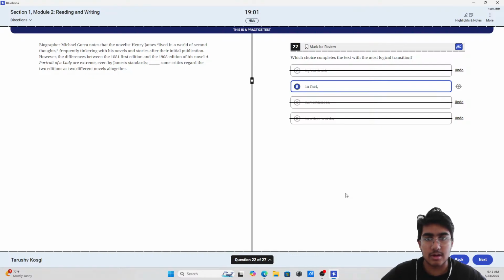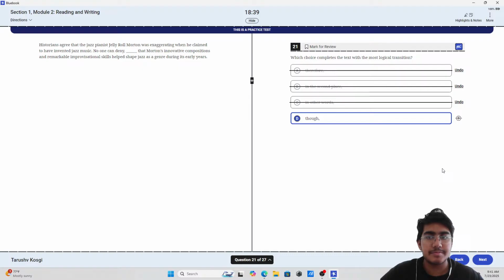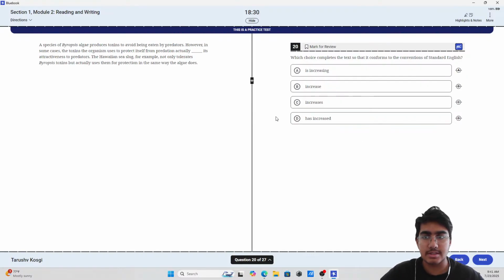It's saying it's unrelated, like different from this clause right here, but it's actually saying the same thing. It's like backing up to corroborate. But no one can deny, though, it's not this, because this is like different. This is different, antagonistic.